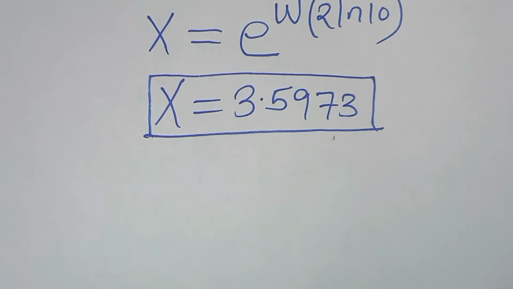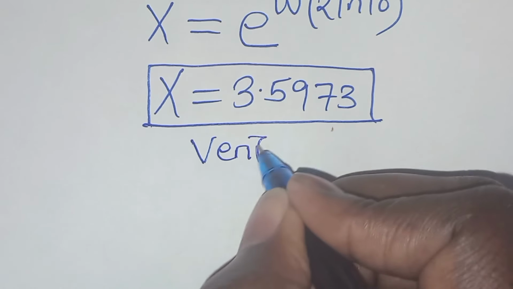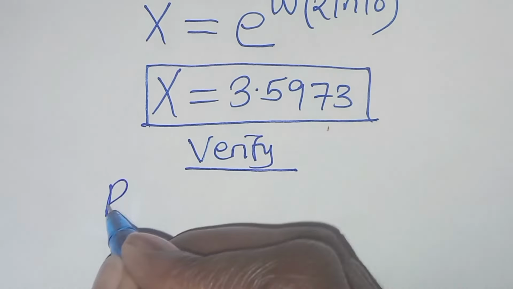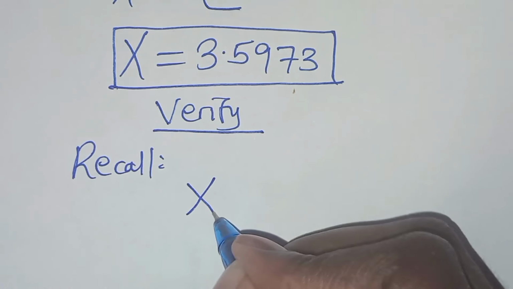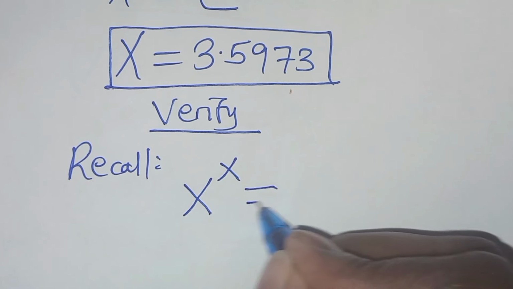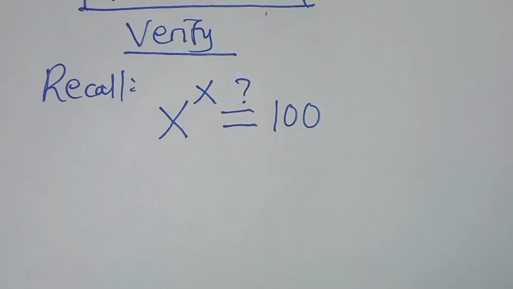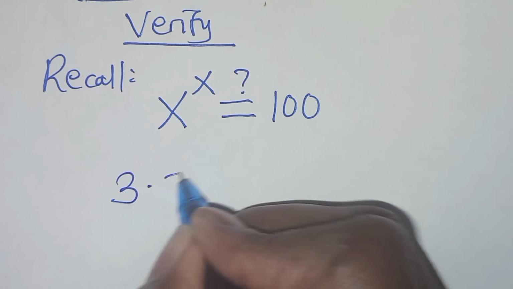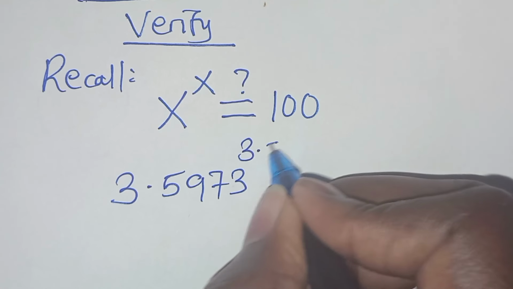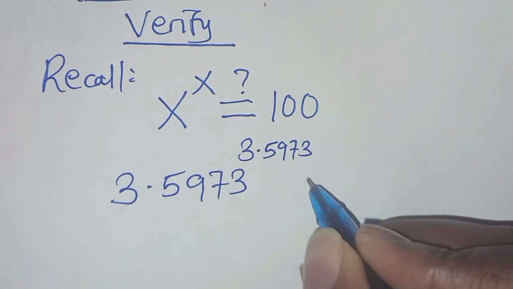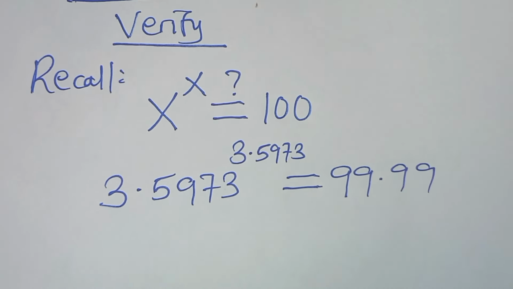The next step from here is to verify that this value of x satisfies the equation. So let's verify. Now, if you recall, we have that x to the power of x is supposed to give us a value of 100. So this implies that 3.5973 raised to the power of 3.5973 is equal to 99.99.